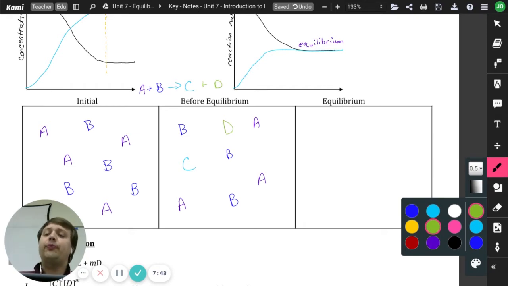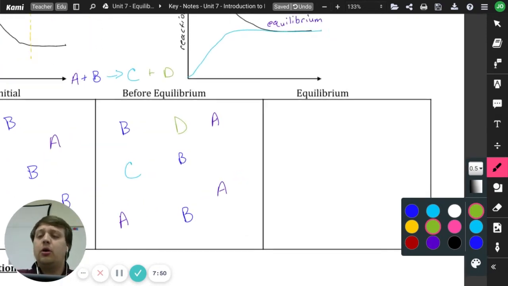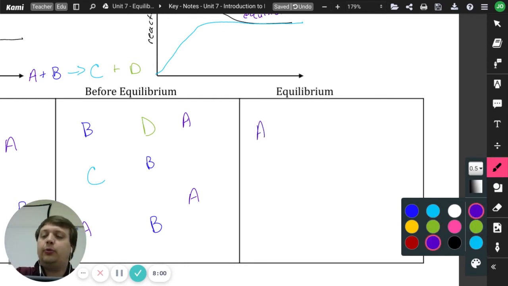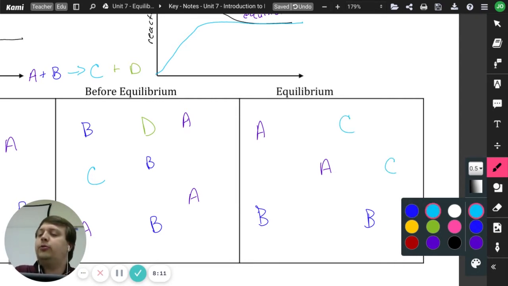Now, as that continues, what we're going to see is that our reactants and our products are going to reach a point where they level out. And so for my reactant A, I would end up with 2. Reactant B, 2. My product C, I would have 2 of those.